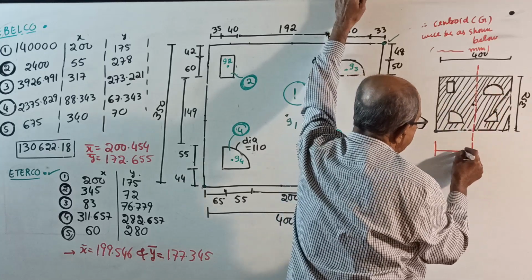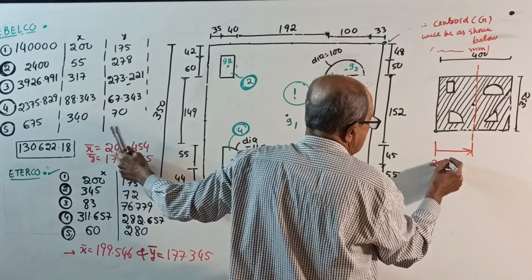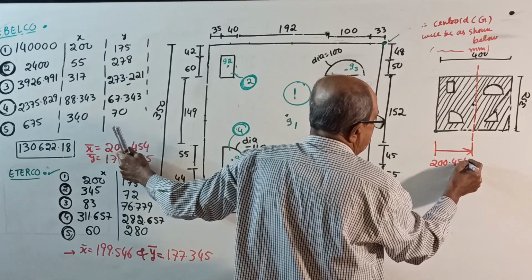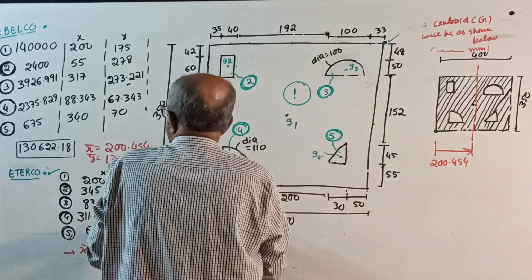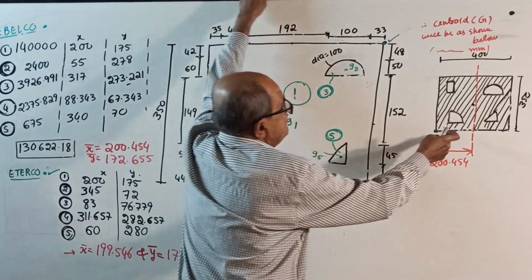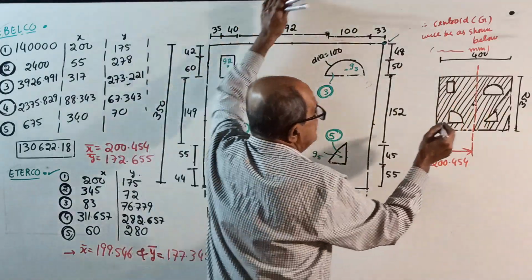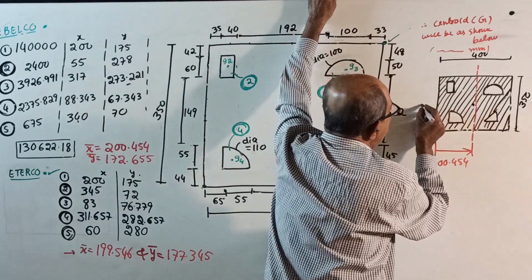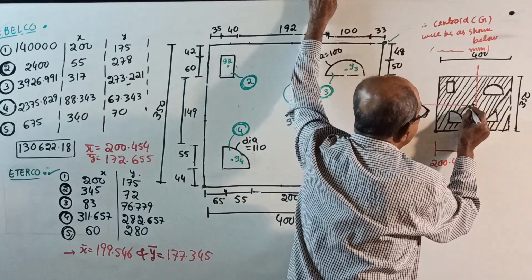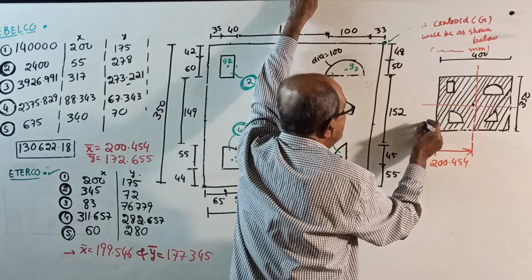Y bar is 172.655. Total is 350, 350 by 2 is 175. So 172 is very slightly below the center of the rectangle.